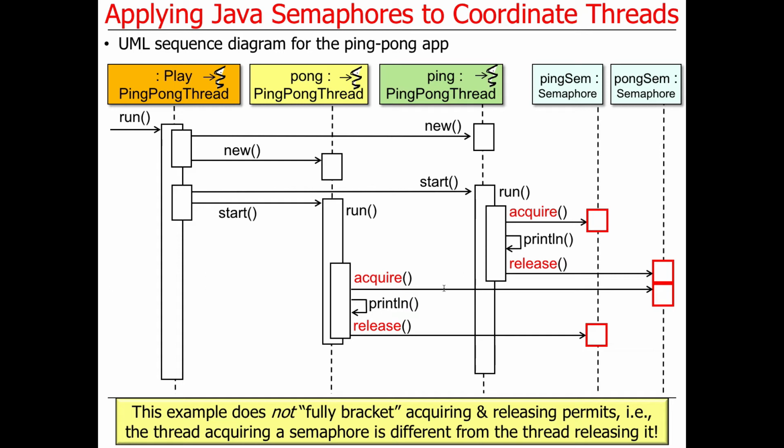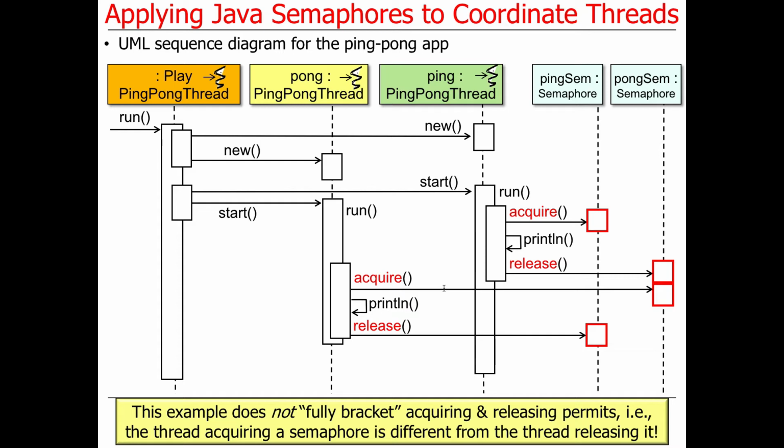It turns around and writes pong, and then it releases the ping semaphore, right? So it increments that by 1. That's now no longer 0, it's now 1. This thread can wake up and say, aha, now I can get access to this thing. So it will atomically decrement it, print ping.